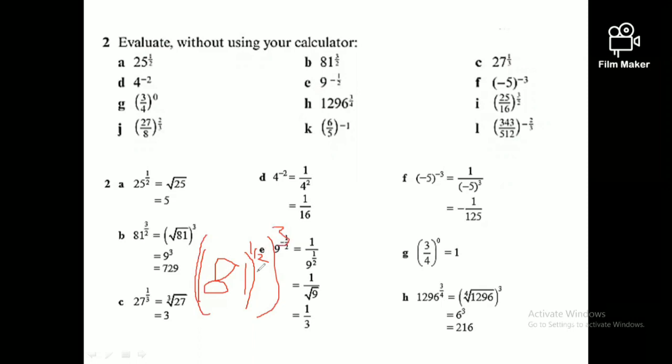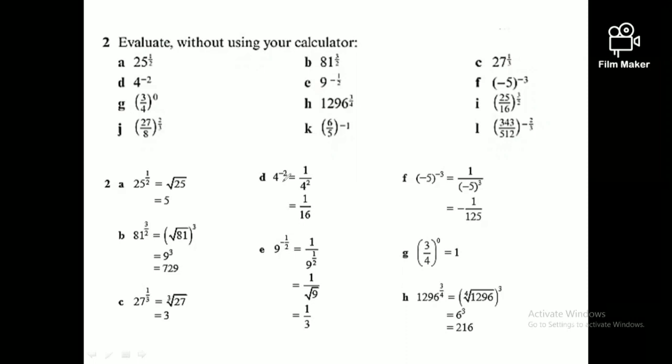You know that 81 to the power half is the square root of 81, that is 9, to the power 3. 9 to the power 3 turns out to be 729. That is how you can obtain this answer, right? Here, 27 to the power 1 over 3 is the cubic root of 27, that is 3. So you can use the calculator and obtain the answer.